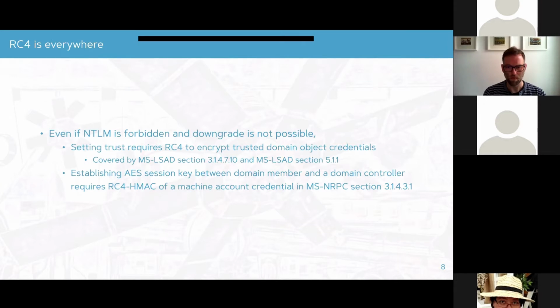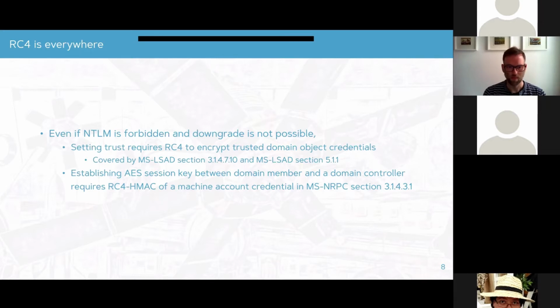for certain things. For example, when you create a trust, you have to pass credentials of the trusted domain object towards the domain controller that will be trusting you. And setting it up requires encrypting these credentials with the RC4 cipher, wrapping them.